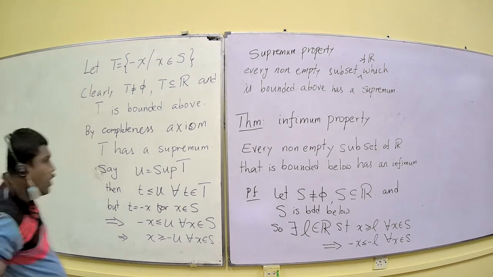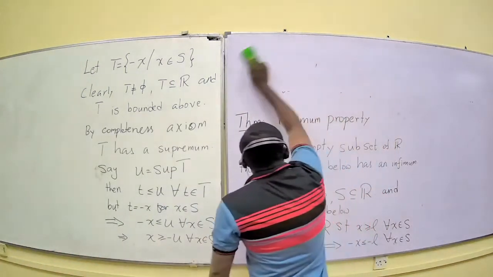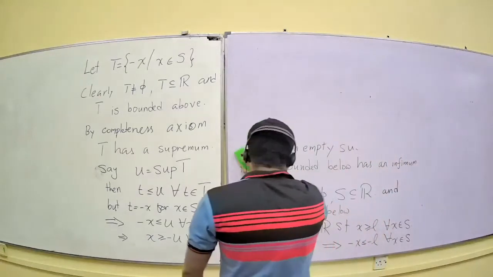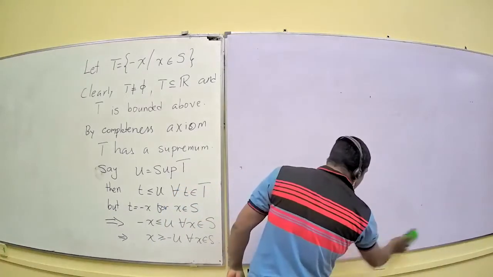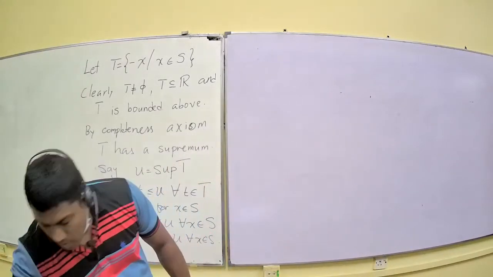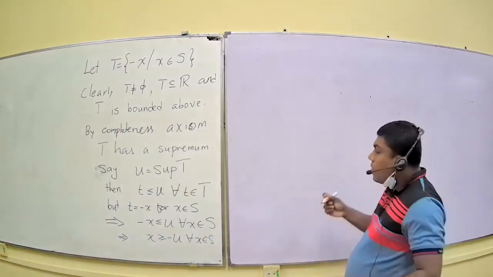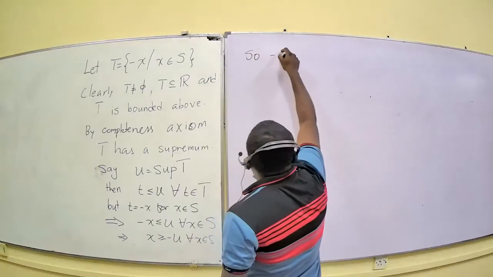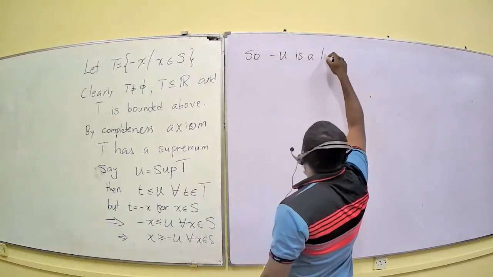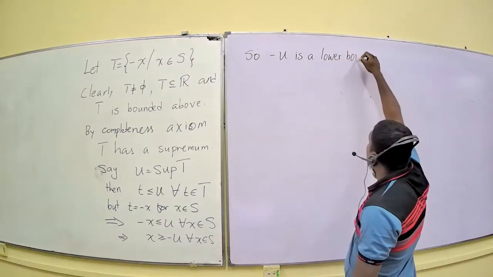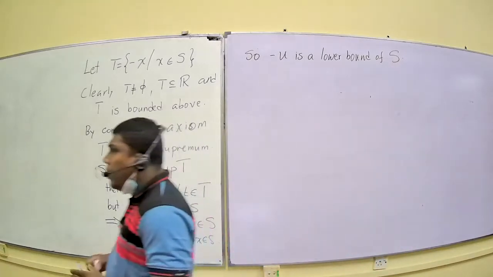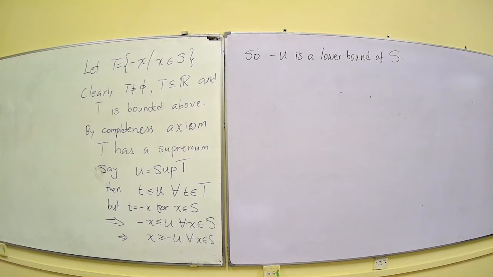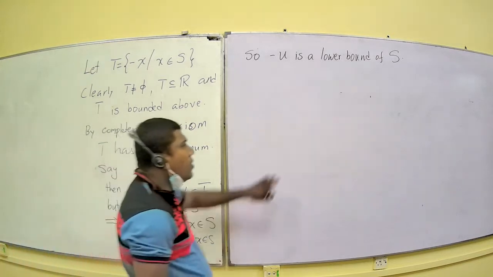So clearly, by the last statement, we can say that because x is greater or equal to minus U for all x in S, minus U is a lower bound of S, right?